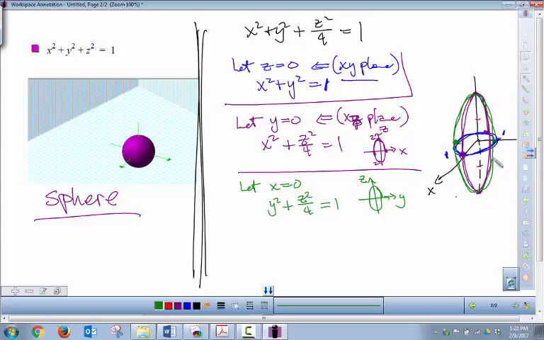So we knew that this is going to be an elongated object, but now we know exactly that it's elongated along z. If you take a sphere and you take the z values and you push them out.